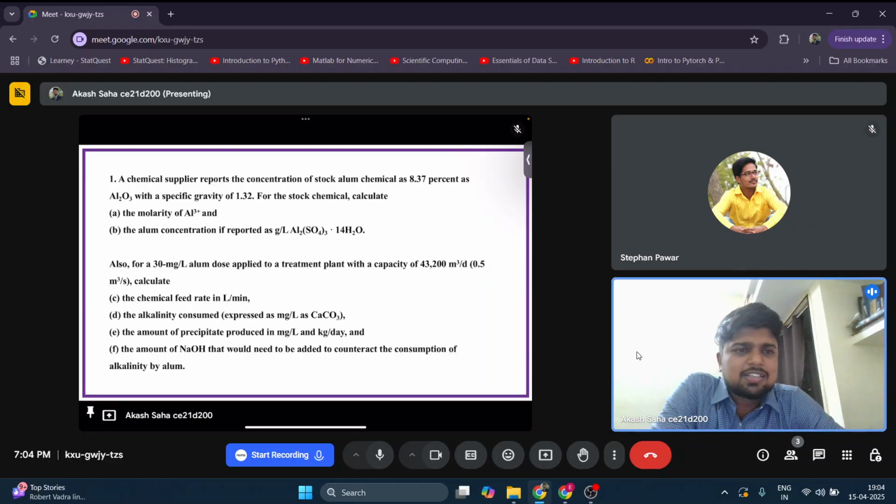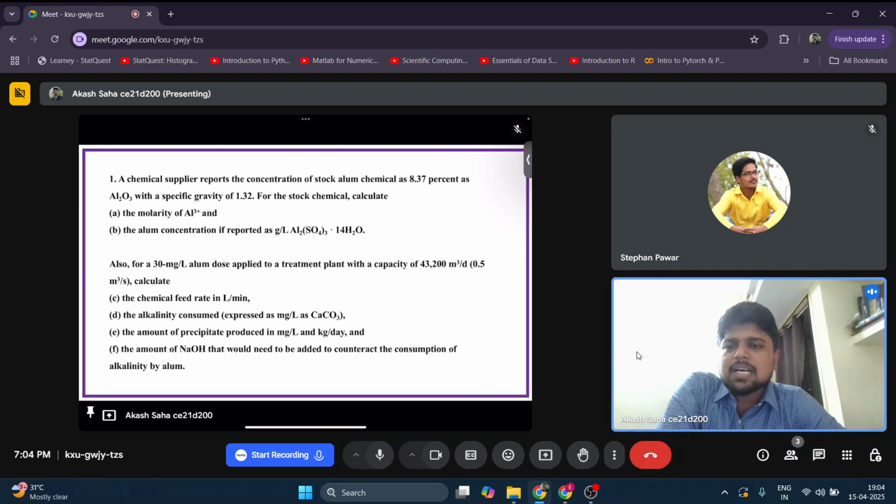It may look like a very big problem, but all these subparts, A, B, C, D up to F, can be asked individually as an MCQ. That's why in one single problem I tried to address all the various aspects related to a particular topic.